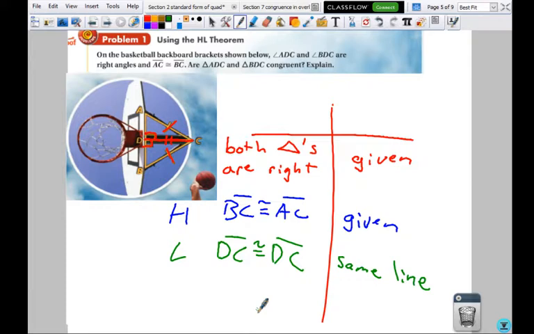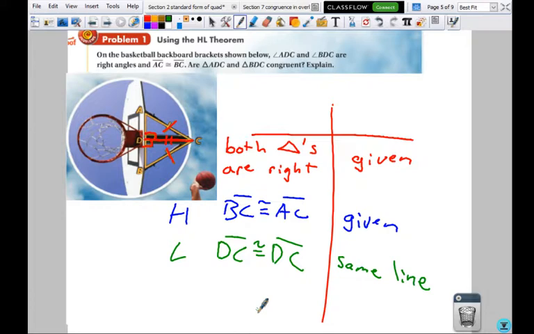What else do we got? Yes, Martin. We have to say both triangles are right because it's given. So just cross out that first part and put that in. We have to literally say both triangles are right.